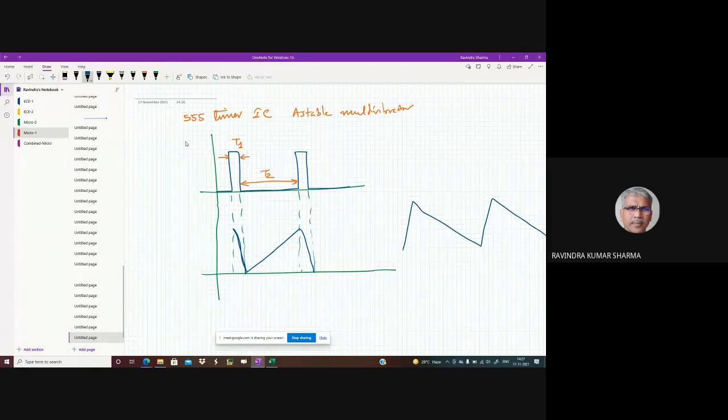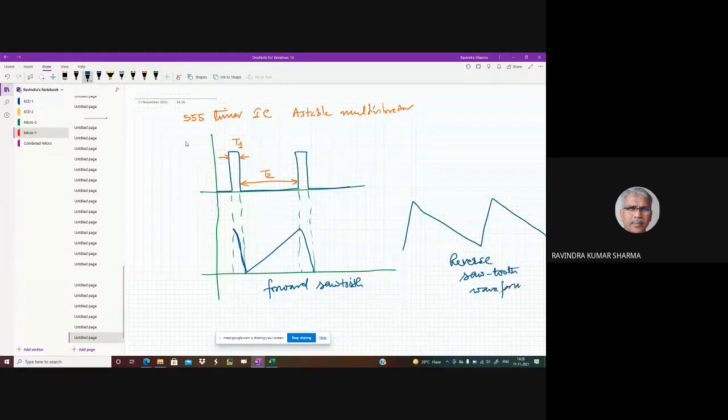So this one is called forward sawtooth. This one is called reverse sawtooth waveform. So this is another interesting waveform, another class of the triangular waveform where the forward rise time and fall time differ.